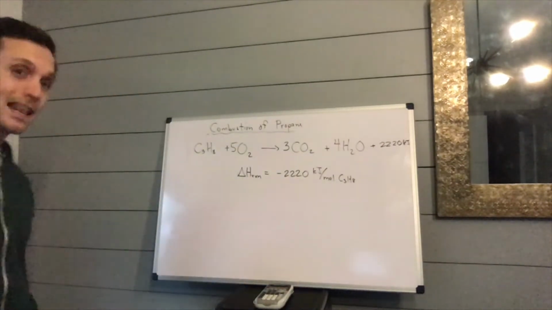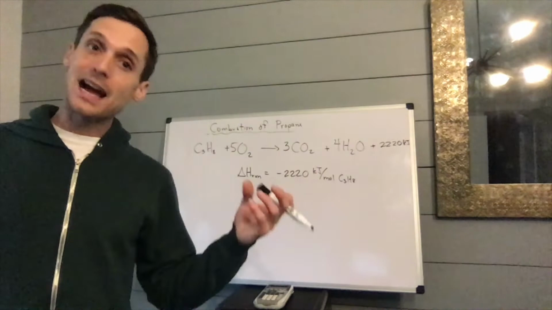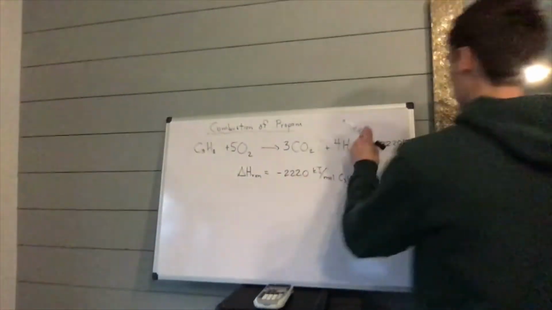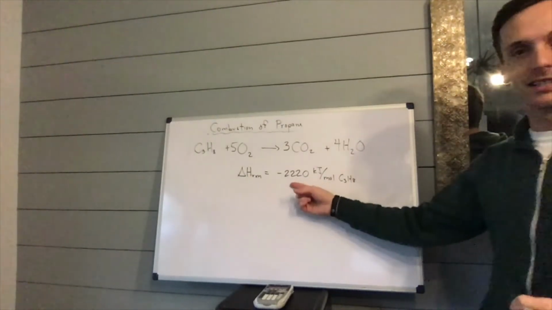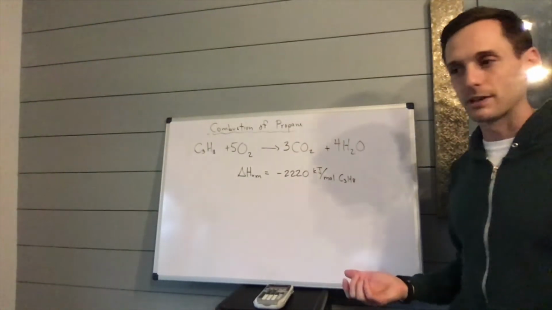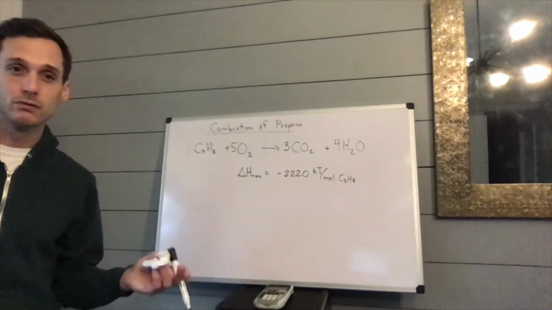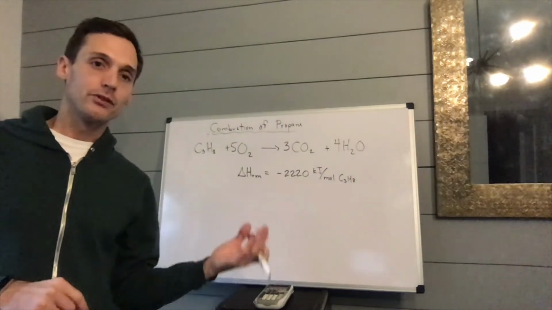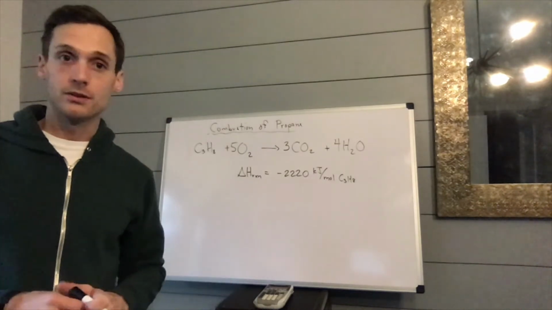If it was an endothermic reaction, it would be considered a reactant. So you could actually list it there with the reactants. Okay? But most of the time, you're just going to see it listed as a delta H for the reaction. It's not going to be put into the balanced chemical reaction, but you can absolutely think about it as either a reactant if it's endothermic or a product if it's exothermic.